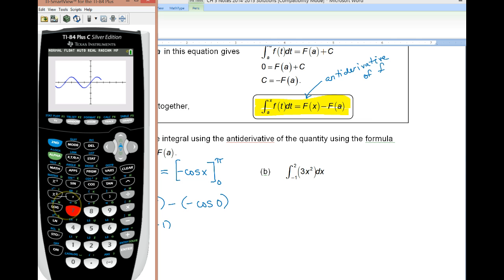If you go to second trace, the calculate button, number 7 has the integral. It's going to prompt you for the lower limit, which was 0. So type in 0, enter, and then type in pi. Then it's going to shade in the region, and it says right here, the integral is equal to 2.